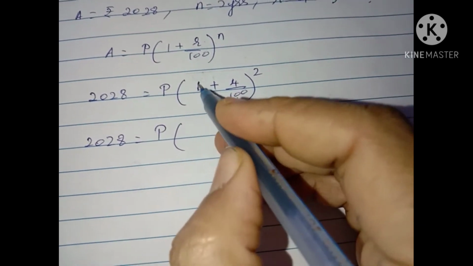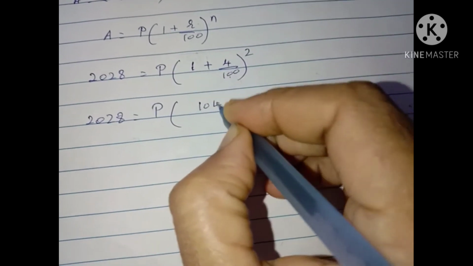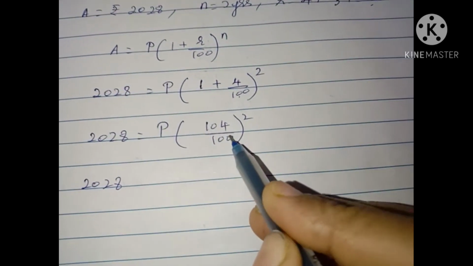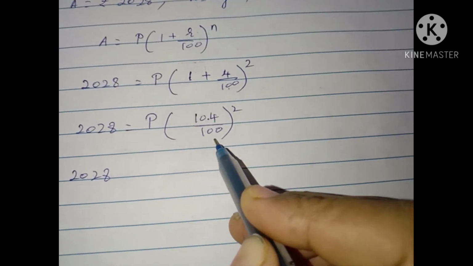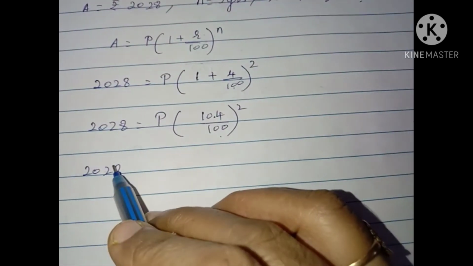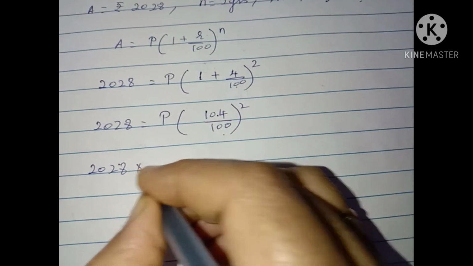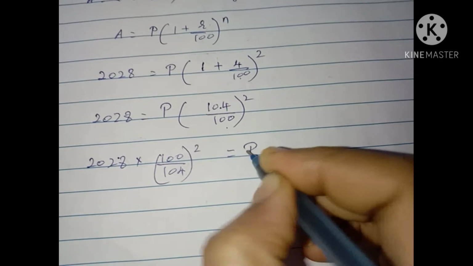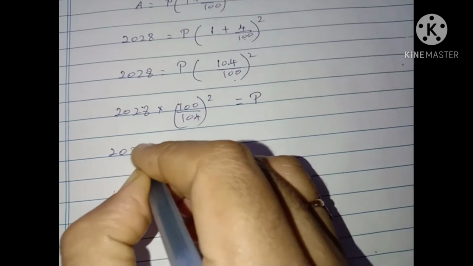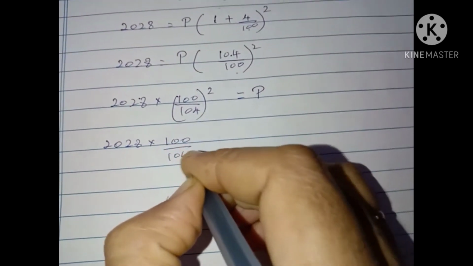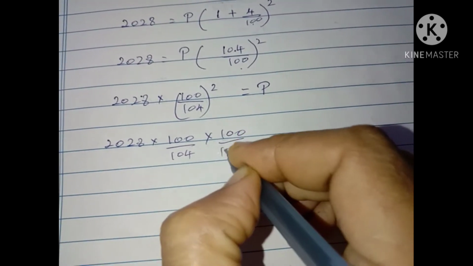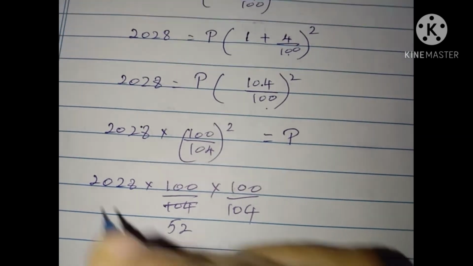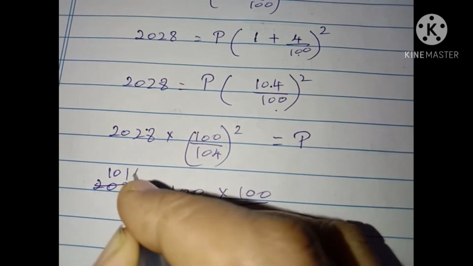100 into 1 is 100, 100 plus 4 is 104 by 100 the whole power 2. So if you bring this (104 by 100) to your left hand side, you have to take the reciprocal, that is (100 by 104) the whole power 2 is equal to P. Cancel: in the 2 table, 2 5s are 10, 2 2s are 4, here 2 10s are 20, 2 1s are 2, 2 4s are 8.